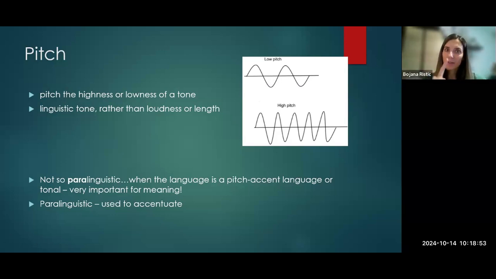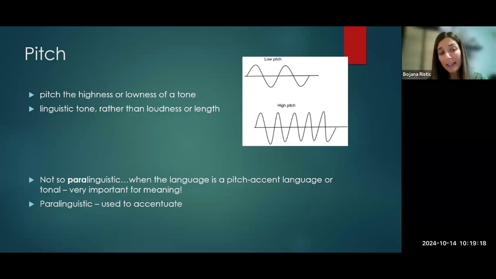Also, there's a difference between the voice and the pitch. One person with a high-pitched voice can also speak differently, right? So if there are more vibrations, the pitch is higher. So the pitch is a linguistic tone rather than loudness, how loud I speak, or how long I pronounce a word. This is just the pitch, how I pronounce it.